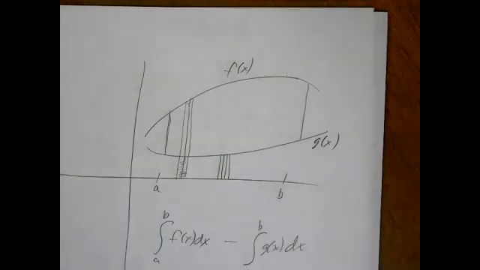So once again, subtraction will accomplish that. And once again, the area between those two curves and also between those two vertical reference lines, the A and the B, is still going to be the integral from A to B of f of x minus g of x dx.